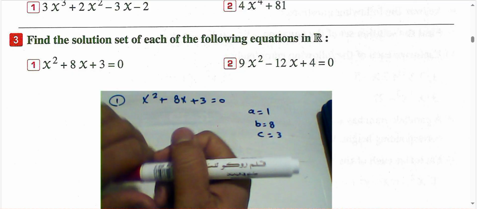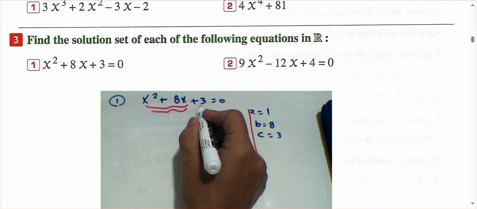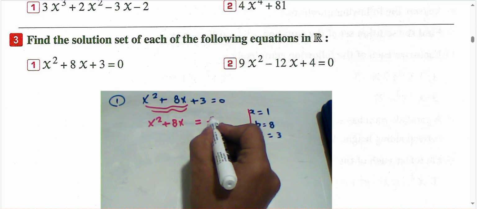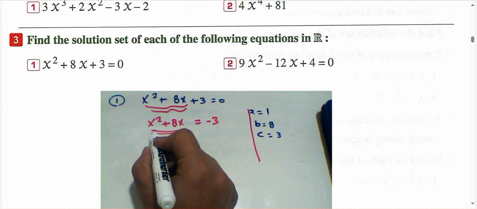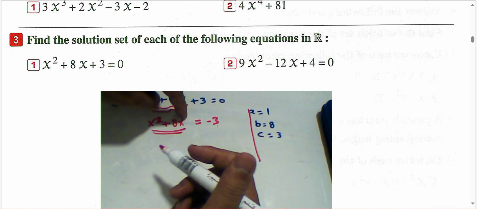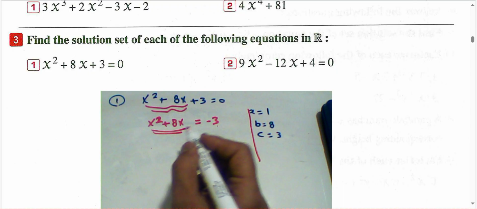We can't factorize the expression this way, so we must put 3 on the left-hand side and write x^2 + 8x = -3. We must convert these terms to 3 terms by adding the third term. Do you remember the third term? Listen to me.